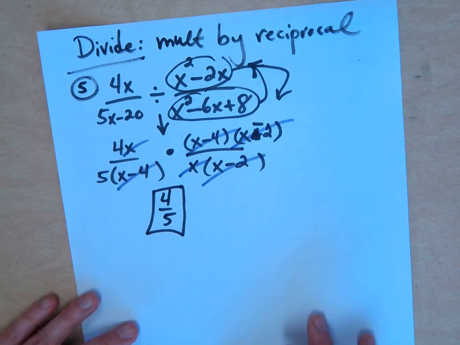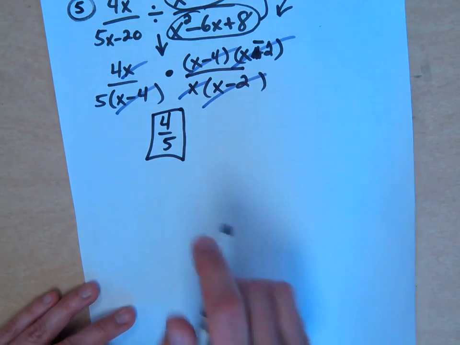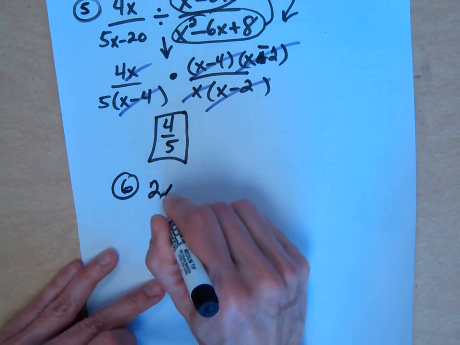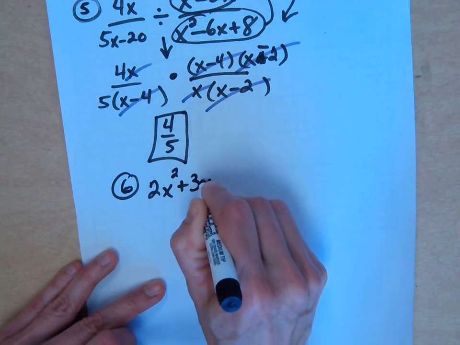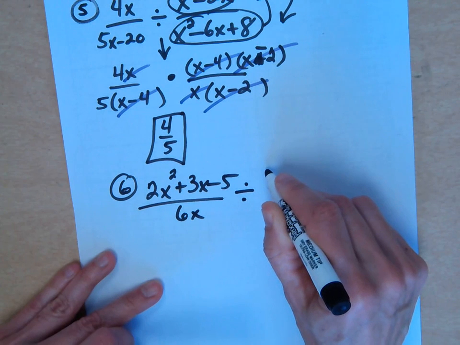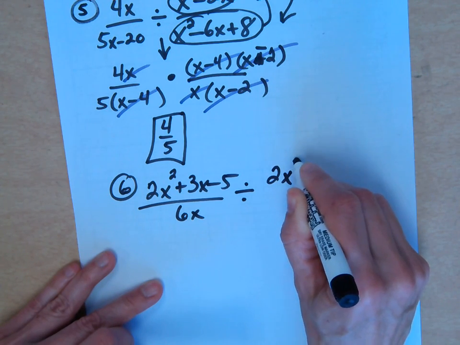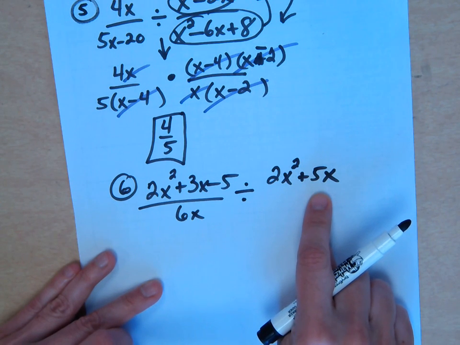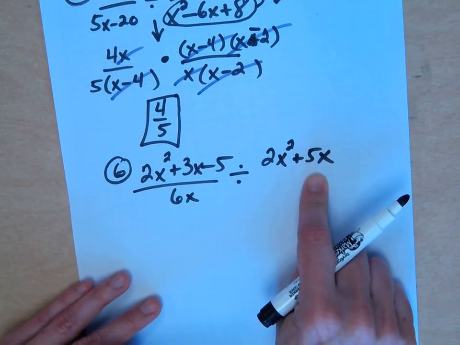And I'm going to do just one more example here. Number 6 is 2x squared plus 3x minus 5 over 6x divided by, this one's a little bit different because I don't have a denominator, but that's okay because the denominator is really just 1, so it's not a problem.